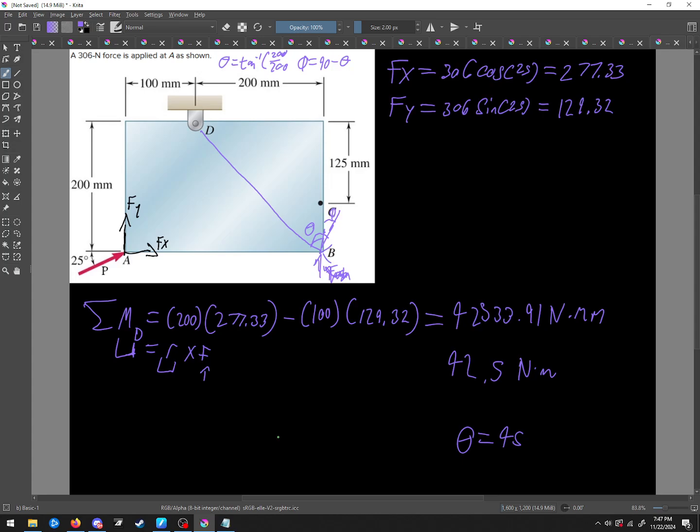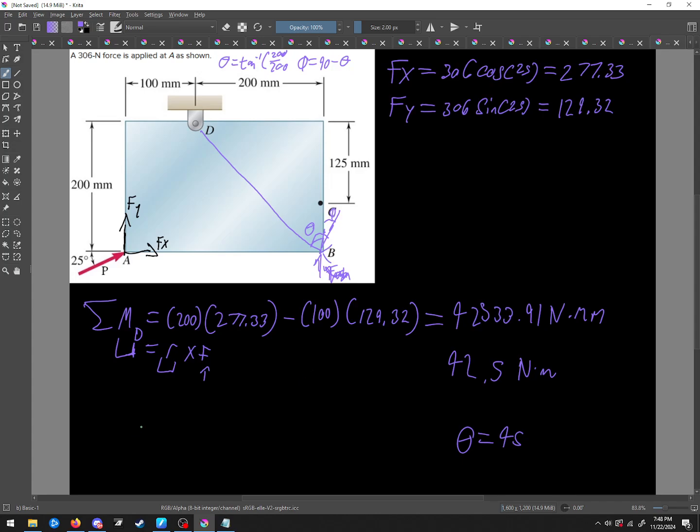So now we just need to find that force, which is going to be R cross F. And the distance now would be this. And this is why I don't like this, because now we're thinking of this as the distance. That distance is going to be the square root of 200 squared plus 200 squared.